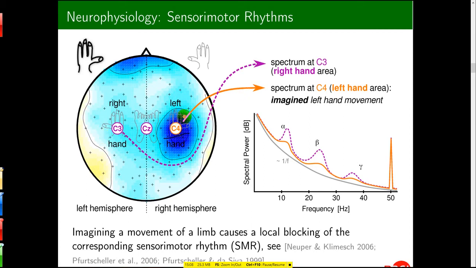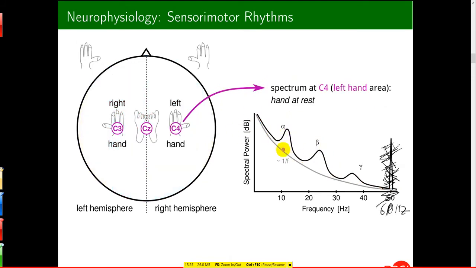Suppression. Take a look at the spectrum, just taking the data from the C4 channel, or an estimate of power spectral density, and compare with the idle background. So in the previous slide we said that this is typical background activity when you're doing nothing.